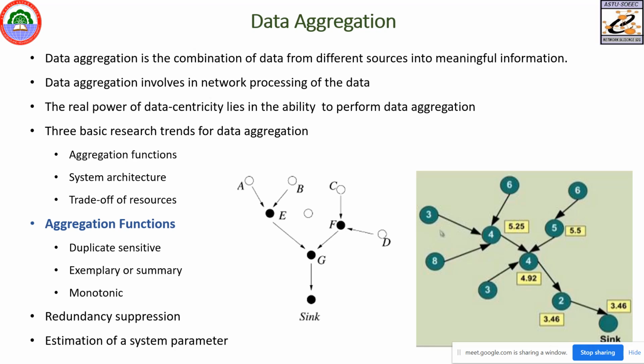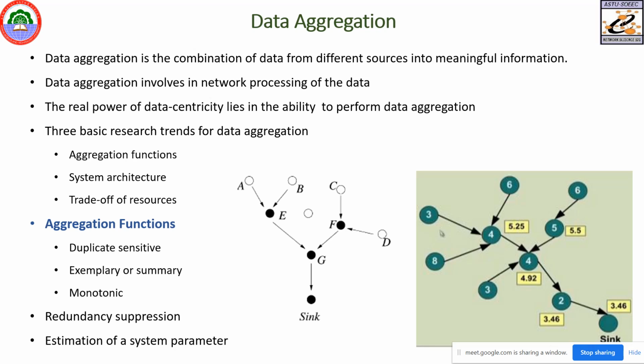From the image on the right side, we can see various nodes, and let us assume these nodes are used to send the temperature or humidity of that particular region. In this case, it will simply collect the information. Let us assume node 4.